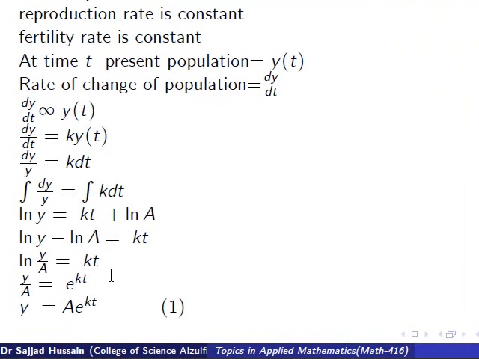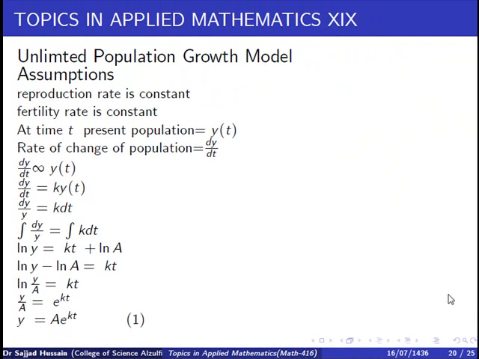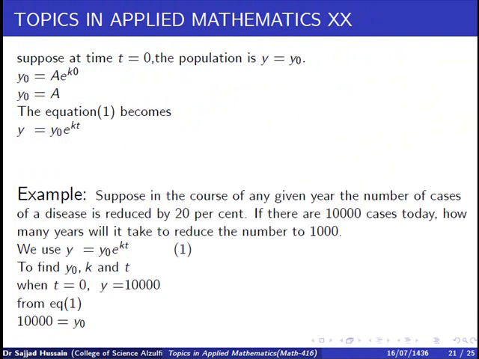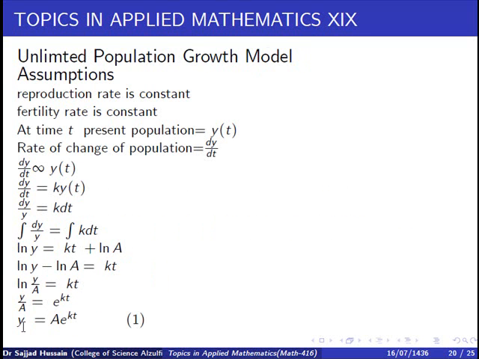Now this is the general solution, and for a particular situation we can find the value of a, and the particular problem is solved. For example, suppose at time t equal to 0 the population is y naught. Then this equation becomes y naught equals a e raised to power 0.